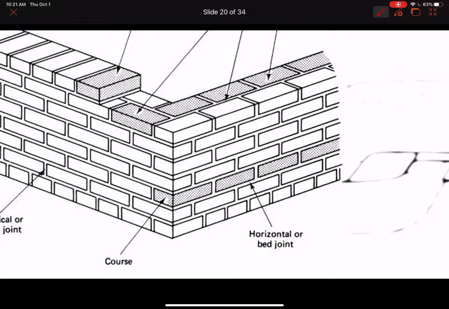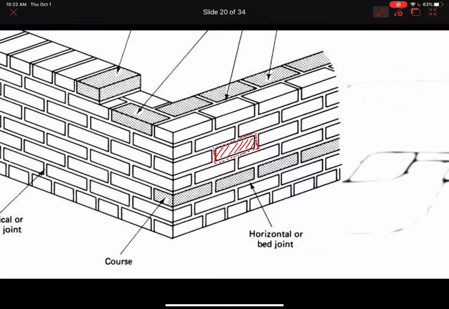Looking at one brick, it occupies half of the mortar on this side and half of the mortar on the other side, because the other half goes to the neighboring bricks.